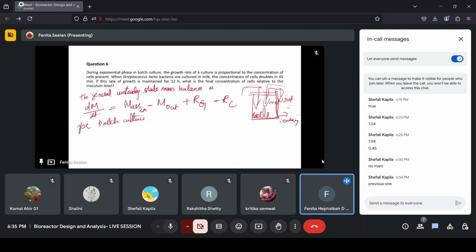You are not going to take anything out. So here the mass in is equal to mass out. It's equal to 0. It would get cancelled out. Okay. So let's assume that there is no loss of cells.